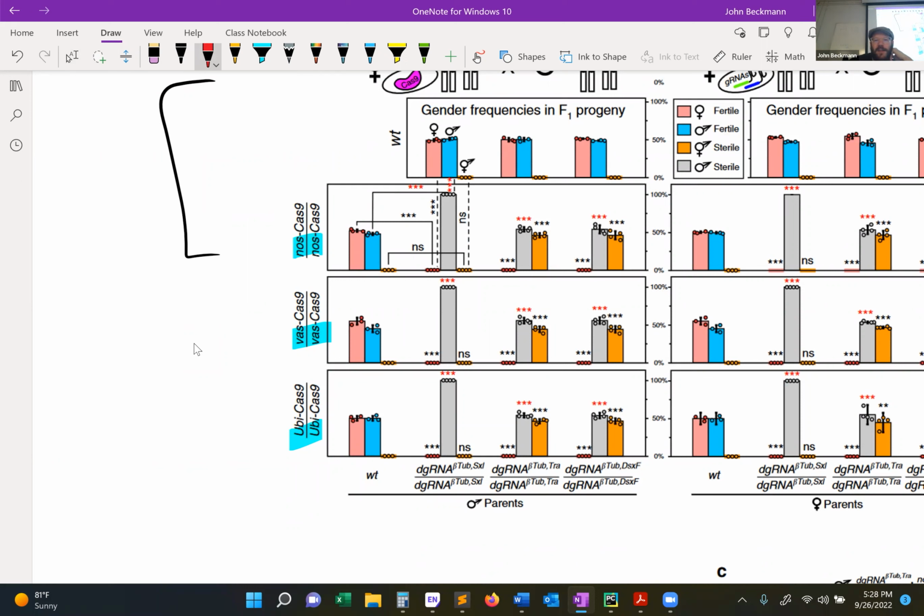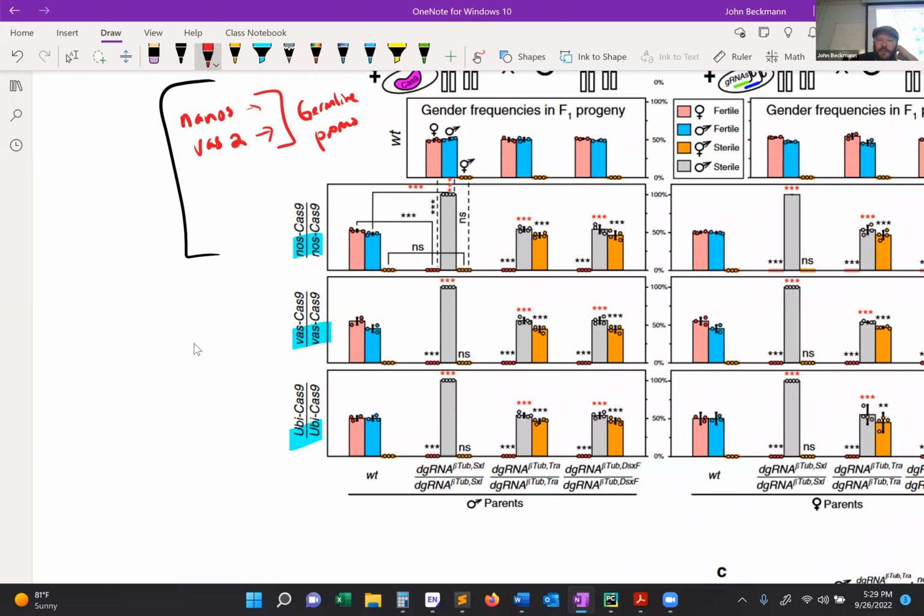I won't put what is nos on the test, but I will potentially put something related to germline promoters. So nos comes from nanos. Nanos is a developmental gene. So it's a germline promoter. Vas is very similar. Vas comes from the Vasa gene. These are two germline promoters.